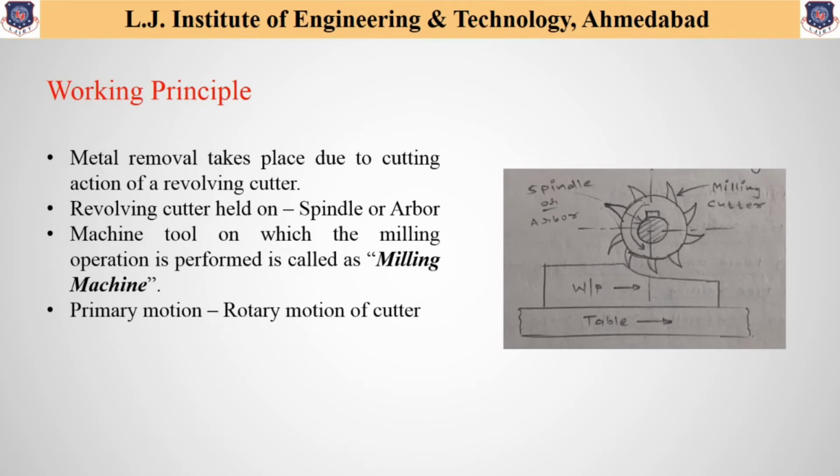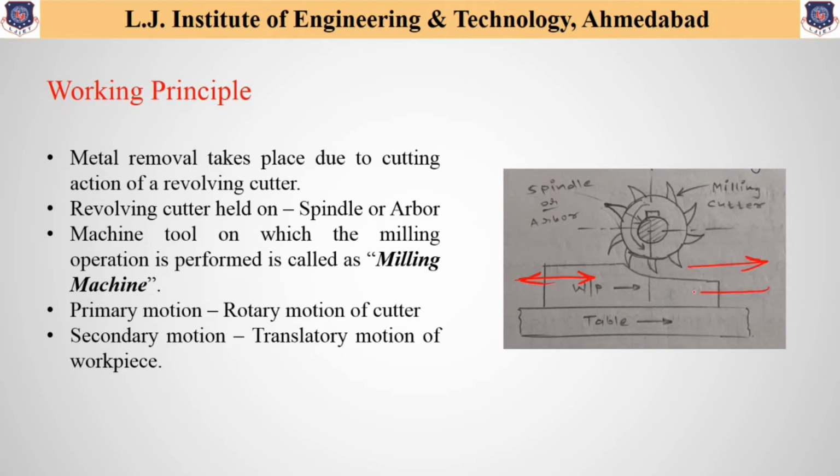Similarly, secondary motion, that we can say is the translatory motion of the workpiece. That means if we are feeding this workpiece in forward direction or in return direction, this translatory motion of the workpiece is called as the secondary motion. So these two movements are necessary for cutting action in the milling machine.